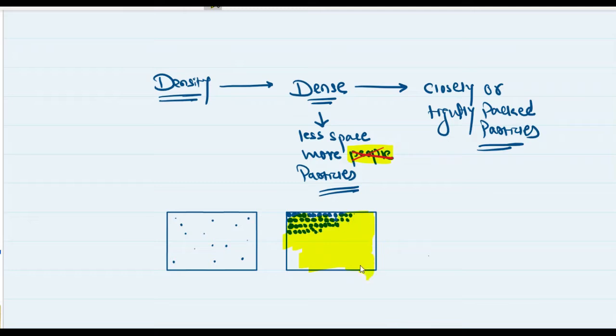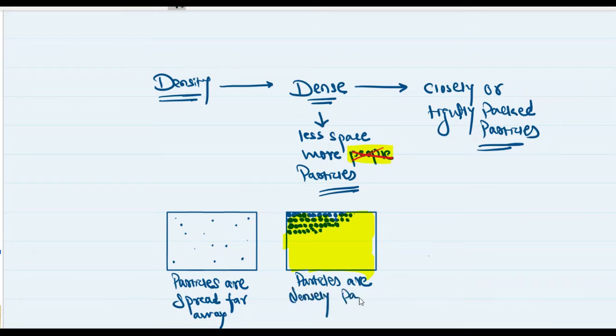And here the molecules are spread here and there. So let me write: the molecules or the particles of substance or matter are spread throughout, or you can say spread far away from each other. And the particles here are not spread, the particles are densely packed.